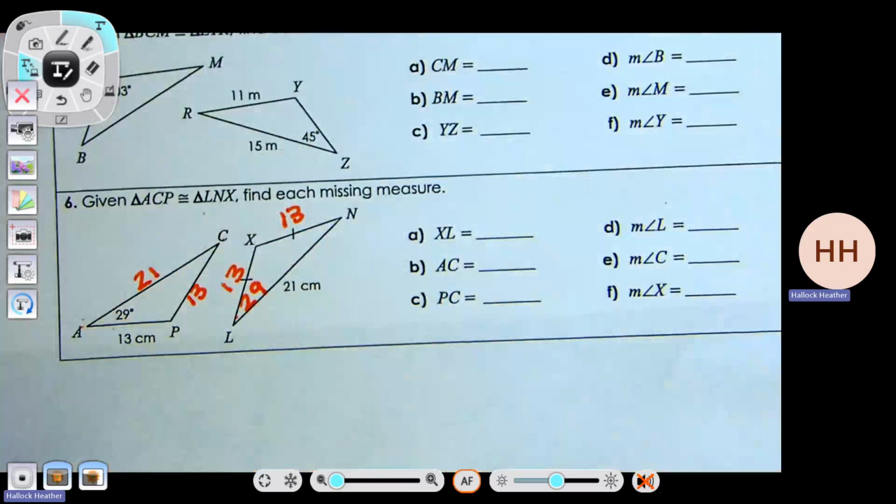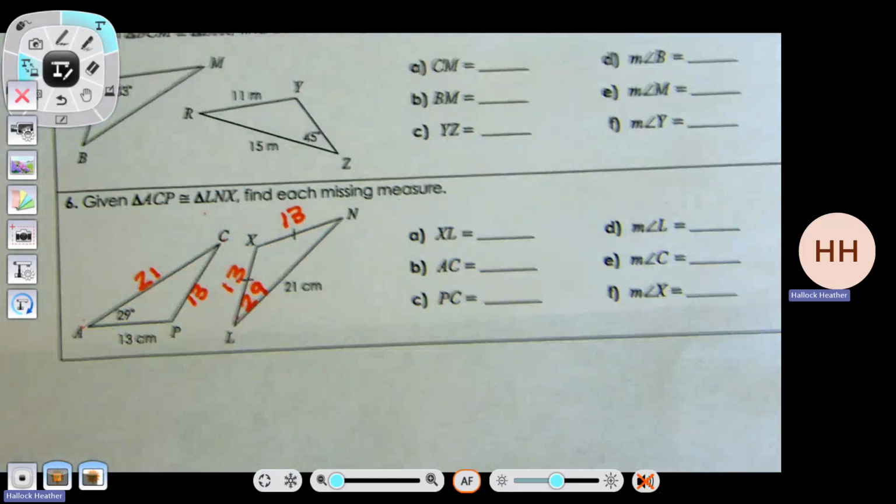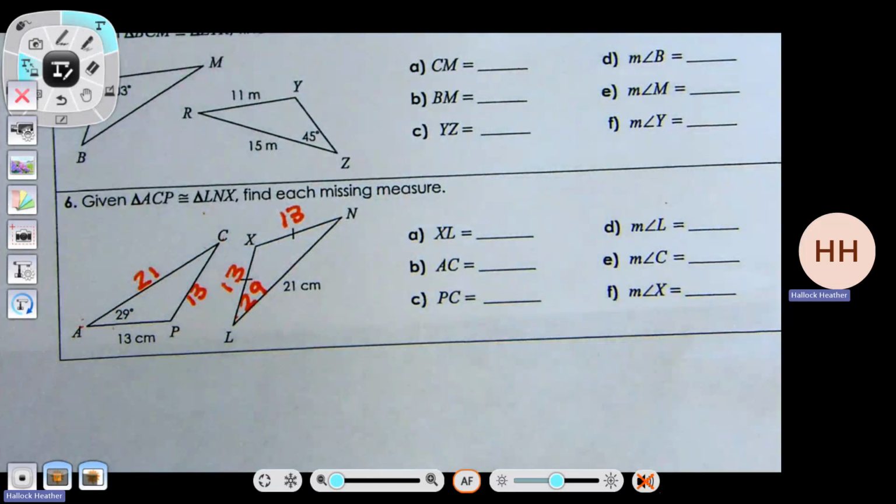Okay. So now the last thing is that we haven't really talked about yet. We talked about isosceles triangles. Does anybody know what an isosceles triangle is? 2 congruent sides. So with an isosceles triangle, you also have some other piece of information that we're talking about after Christmas break. So I'm just going to fill you in now. If you have 2 congruent sides, you also have 2 congruent angles with that.